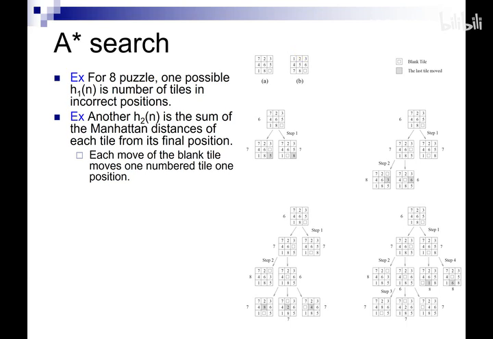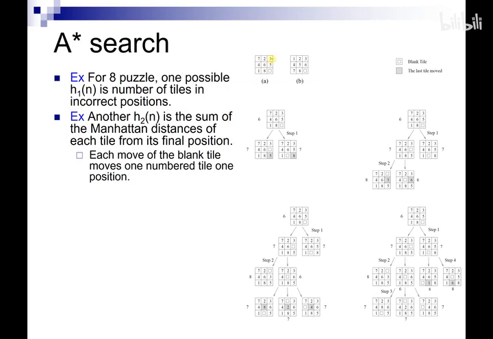Well, we don't actually know the minimum number of moves, but we do know that if some of these tiles are out of place, then to get to the correct solution, we at least have to move those tiles. For example, the 7 here is out of place, so you have to move 7 at least once. The 6 is out of place, so at least 1 move for 6.